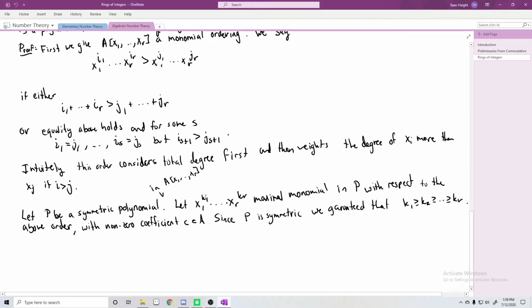Applying that permutation, I see that P actually must have that same monomial because P is symmetric. So, based on the way this order works, it would pick that one as the maximal one. Okay. So we have to be guaranteed that these k sub i's are monotonic, non-increasing.